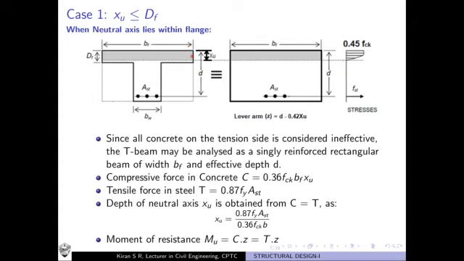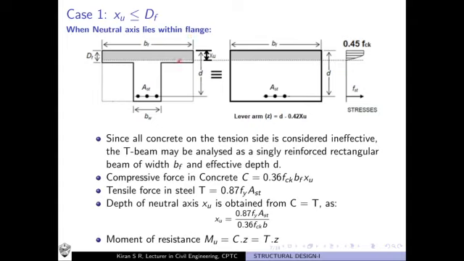Small letter d is measured from the extreme compression fiber to the centroid of the tension bars. So this is a typical case where the depth of neutral axis is less than the depth of flange. That is why we gave it as XU less than or equal to DF.